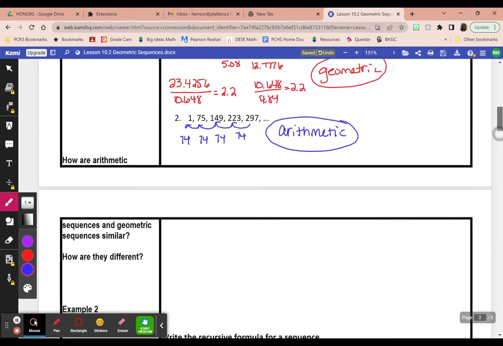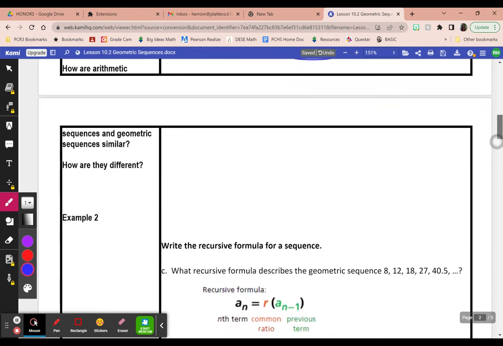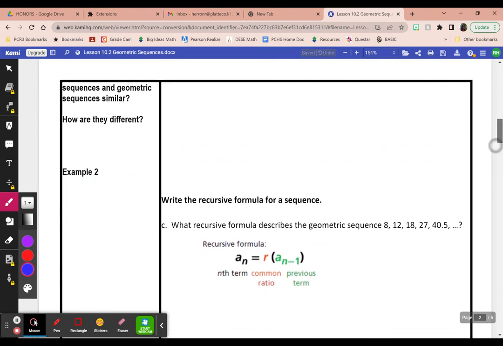So next question. How are arithmetic sequences and geometric sequences similar, and how are they different? So similar, they are both a pattern of consecutive numbers, right? So they both create a pattern. All right?